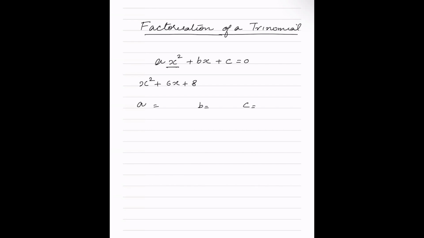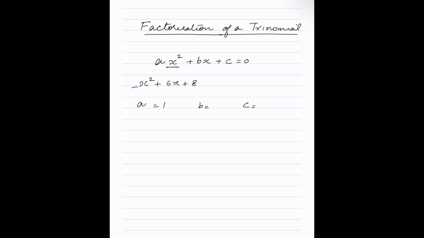A is the coefficient of x square in the standard form. So in the given question, the coefficient of x square is 1. Here it is 1x square, which you write as x square. So a is 1 here.